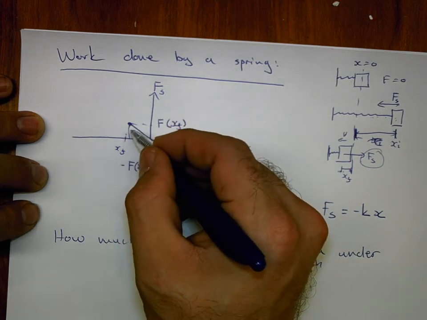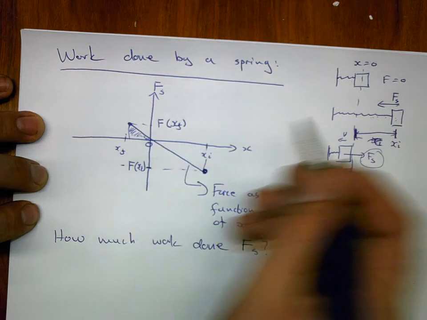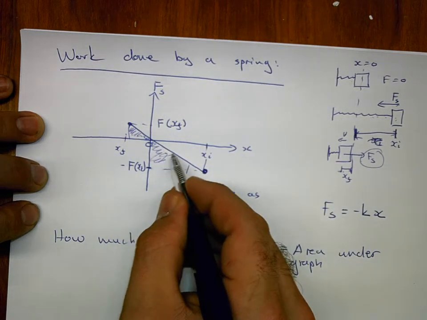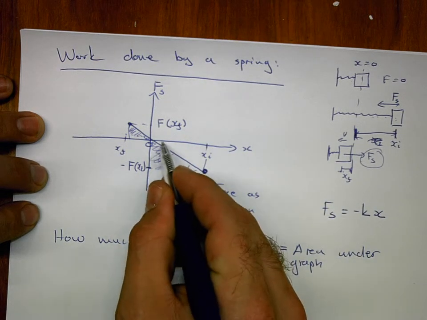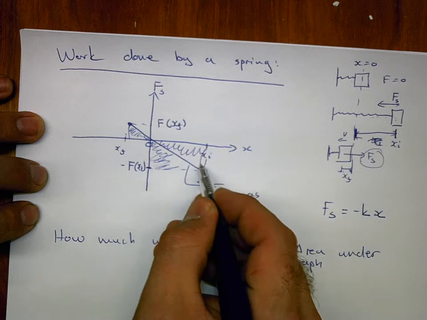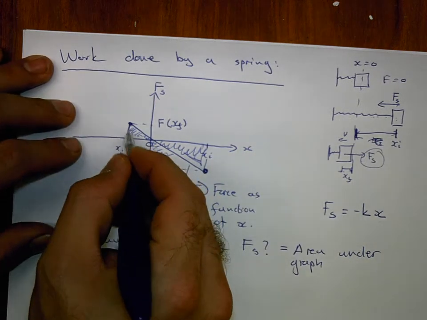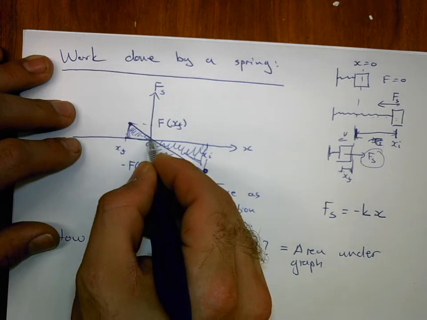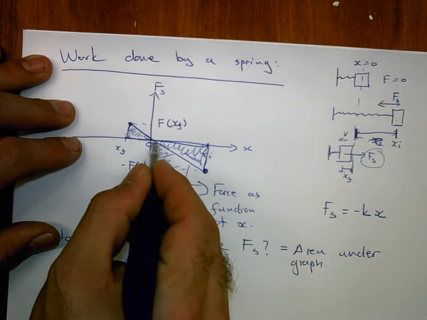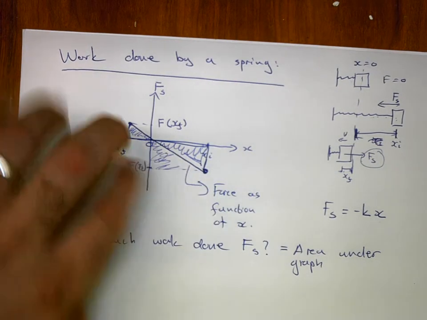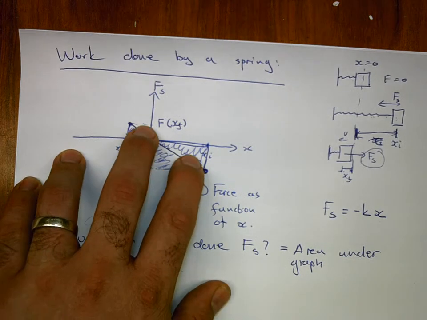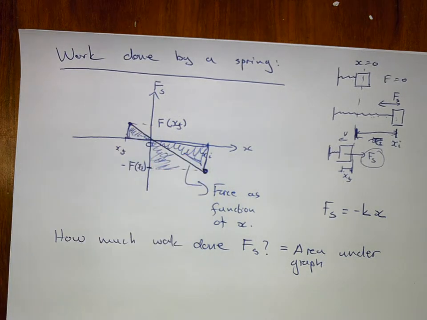So it has to be equal to this area. Sorry, not that area, that area. So it's this area and that area. Somehow the magnitudes of these areas tell me what the work done will be.